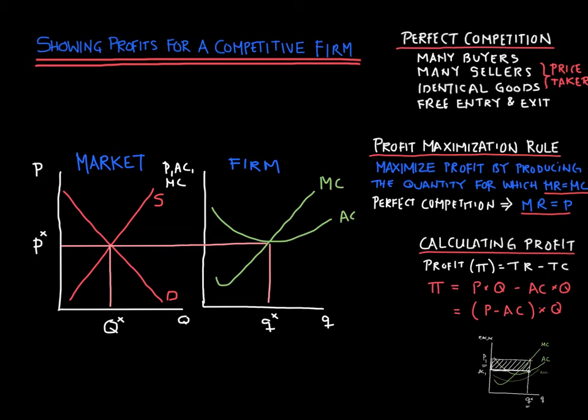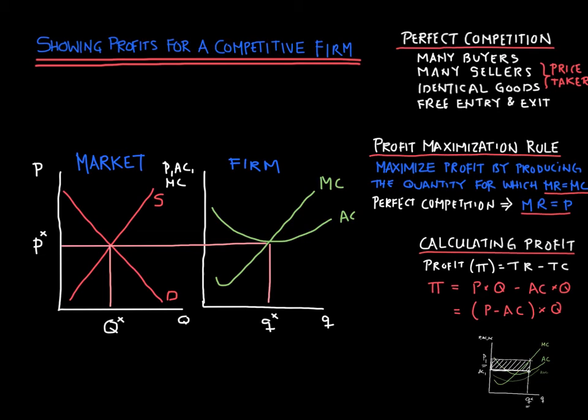The market price is P star, so you can see that right here. The firm takes that price as given, and decides to produce where price equals marginal cost, which is this quantity. And in this case, the average cost for this quantity is equal to the price, which is why in the long run, profits are equal to zero.